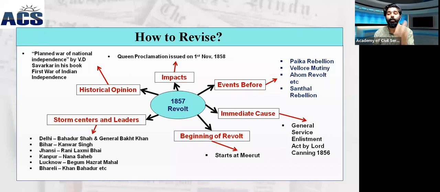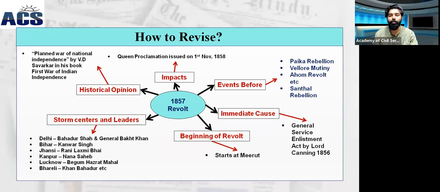We know it happened during Lord Canning's time, in 1856. He came up with an act called the General Service Enlistment Act. The use of grease made from pig fat affected the religious sentiments of the military, the Sipahis, and this was the immediate cause of the 1857 revolt.